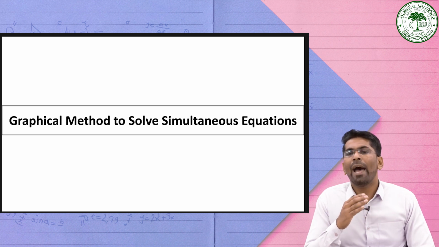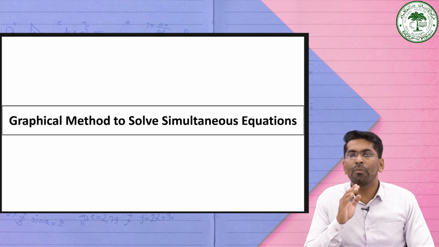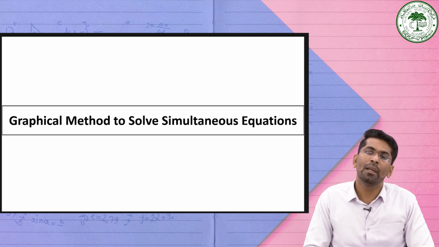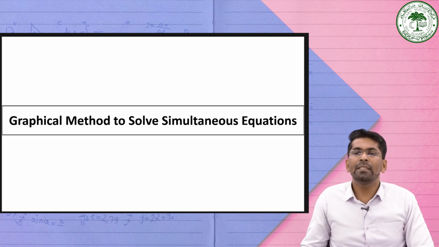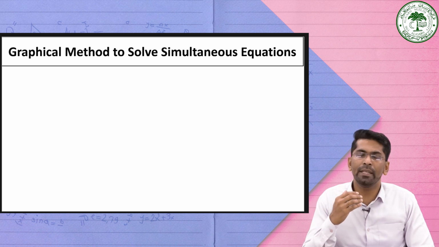Then identify the point where the two graphs are intersecting. When the two graphs are intersecting, we have to identify that intersecting point. The coordinates of this intersecting point represent the solution to the system of linear equations. So just see the stepwise procedure, that is how to draw the graph of simultaneous equations.